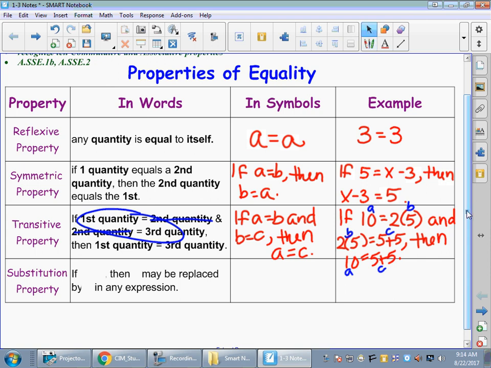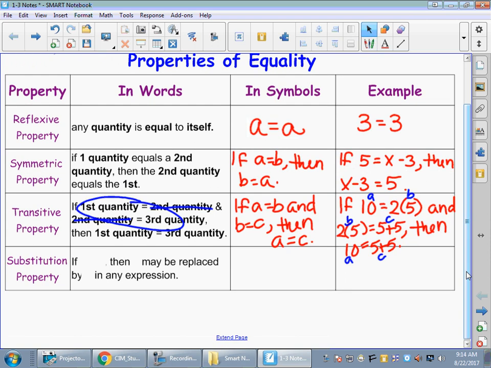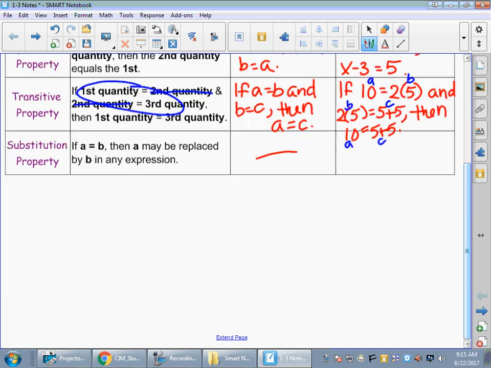Substitution property. Much of what you've done all through elementary school was a substitution property. Replacement. Okay, so what you're doing is if A is equal to B, then A may be replaced by B in an expression. So it's kind of hard to see because it's sort of one of those common sense things again. In symbols, well, there really are no symbols there because it's already in the definition. So let me give you an example, going off of what we just did up above, in order of operations.